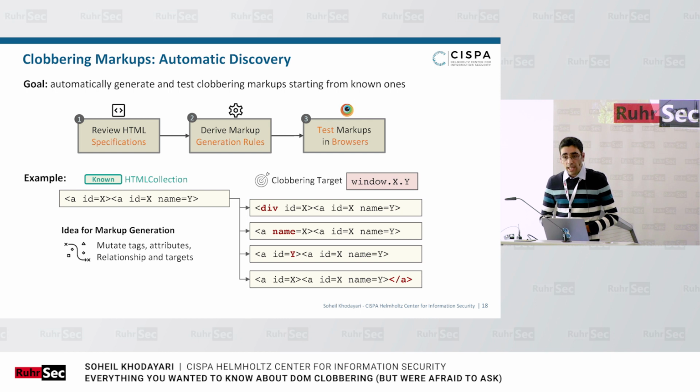So we can change the anchor tag to a div tag, or we can change the ID to name, or instead of the value ID equal x, we can have ID equal y, or the relationship, instead of being two siblings, one can be the child of the other one, or one can be an attribute value of the other one. And by combining all these mutations automatically, we can generate candidate markups and then feed them to test pages, to browsers, and see which ones will be successfully clobbered and working.